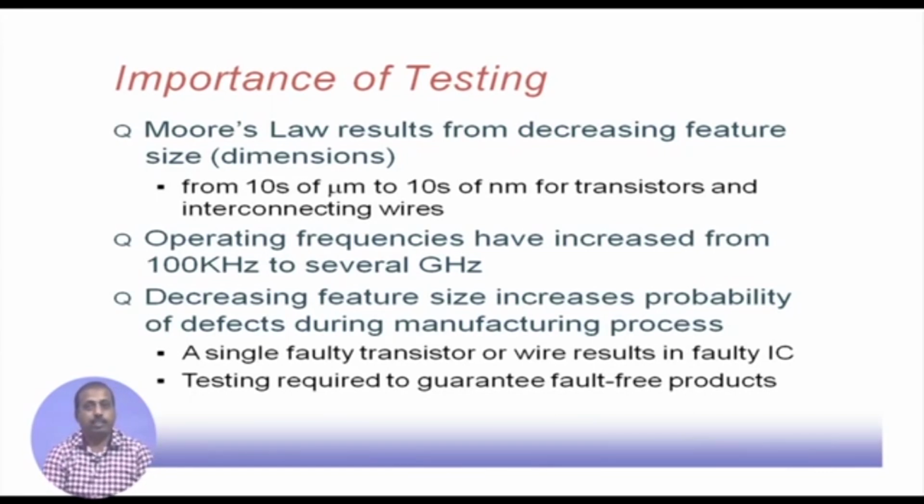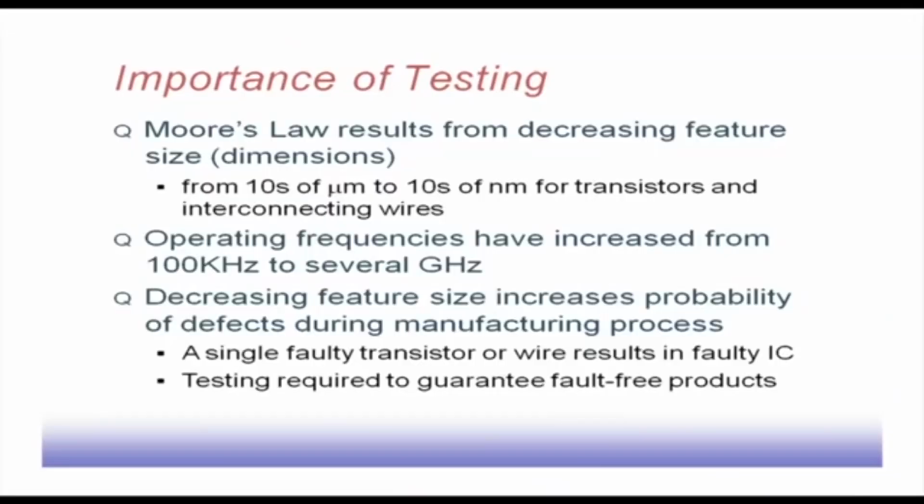This decreasing feature size increases the probability of defects during the manufacturing process. What we essentially mean is, assuming my manufacturing process is flawless, there is no problem with the process, but even then the silicon wafer onto which we are making the design will have impurities, and that cannot be controlled.